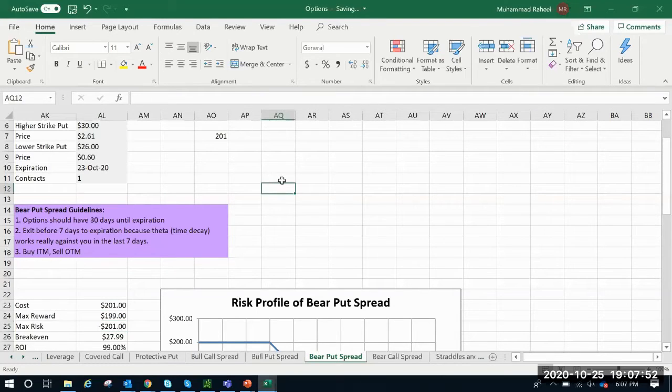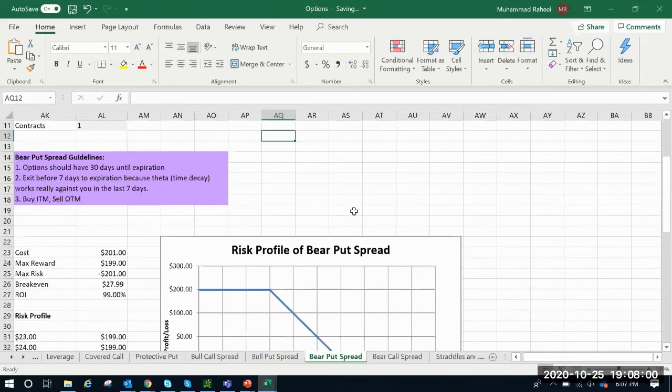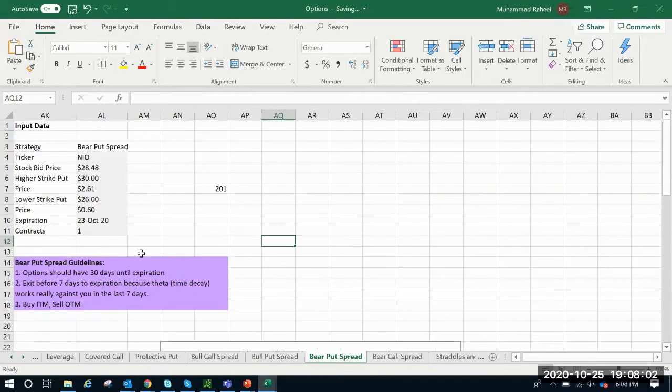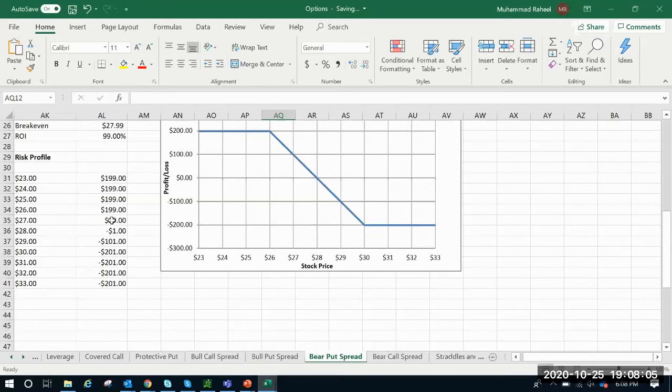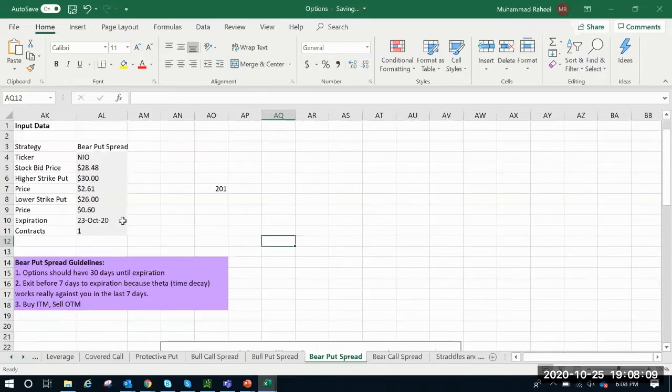Now, how does the P&L work? The best outcome for you is that the stock stays somewhere below the lower strike. Let's do a calculation here. You are long the 30 strike put, and let's say it goes to 25. What will happen?